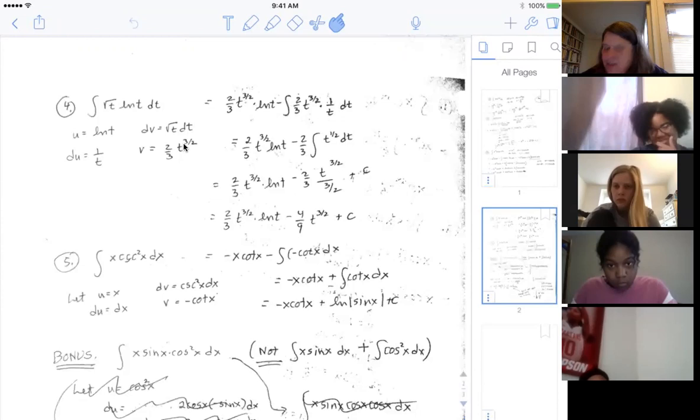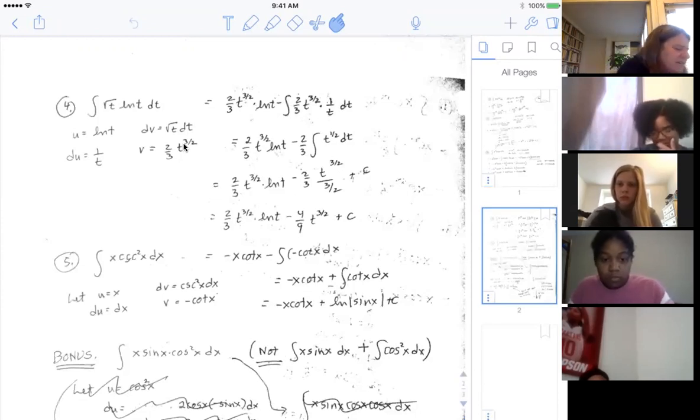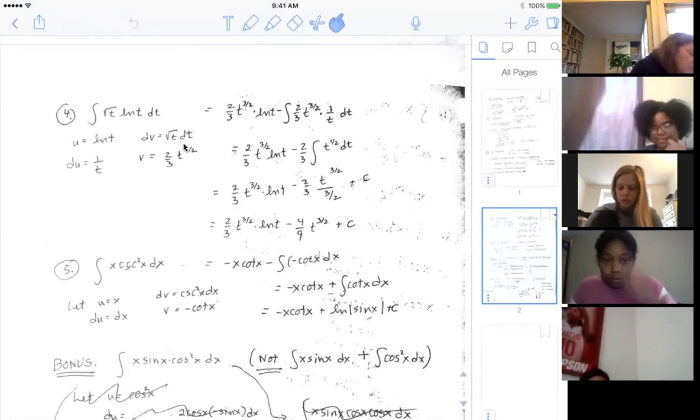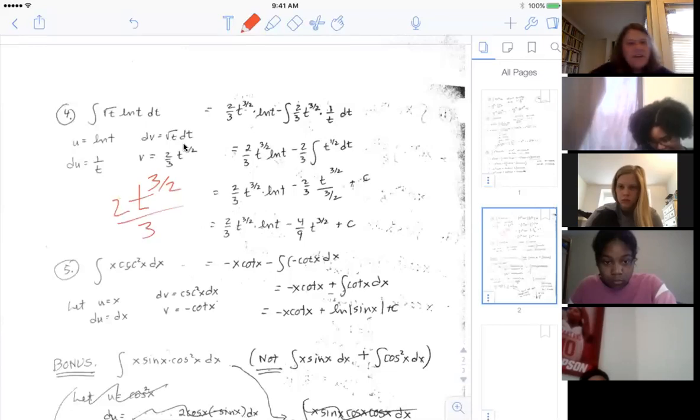Tara, you were kind of messing up on your inverting and multiplying there, so take a look at that. This was t to the 3/2 over 3/2, but when I invert and multiply, it'll be 2/3 there. So that's how I got that.